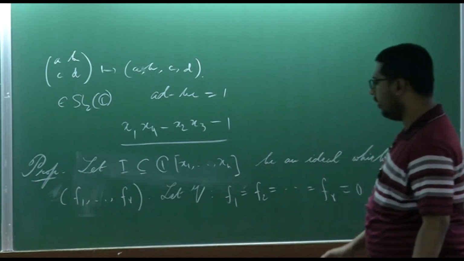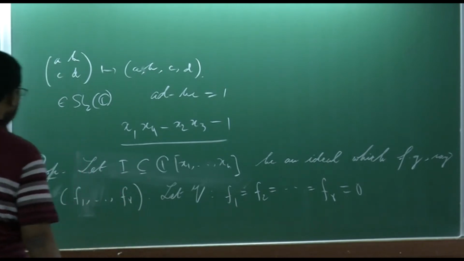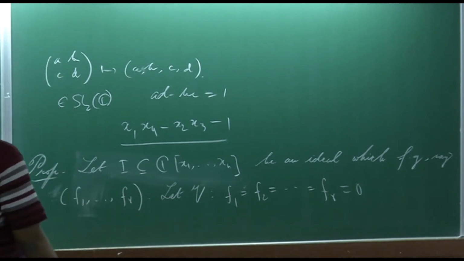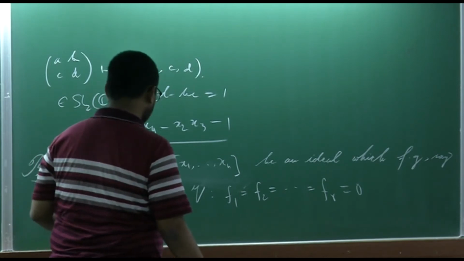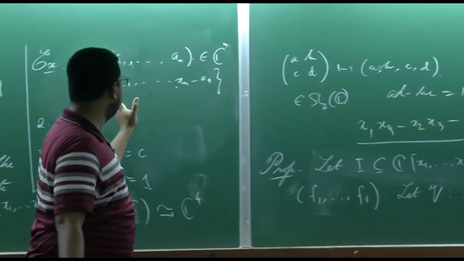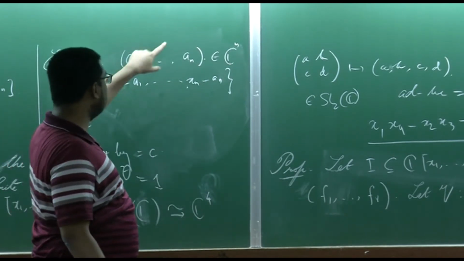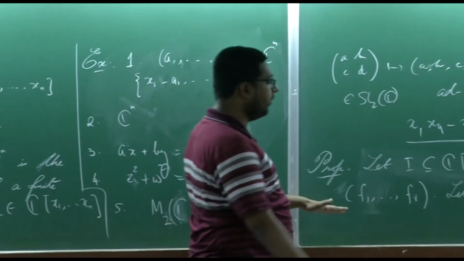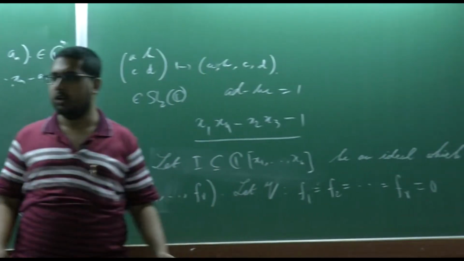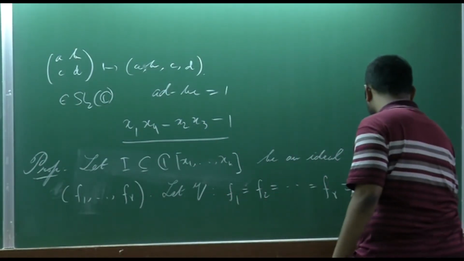Now, for example, if my ideal is generated by a single point, if these are my functions, then the variety is going to be this point, and if I take, let us say, the trivial ideal, then V is going to be the whole of Cn.